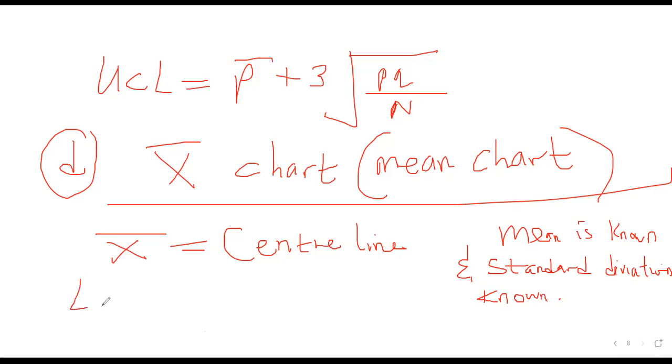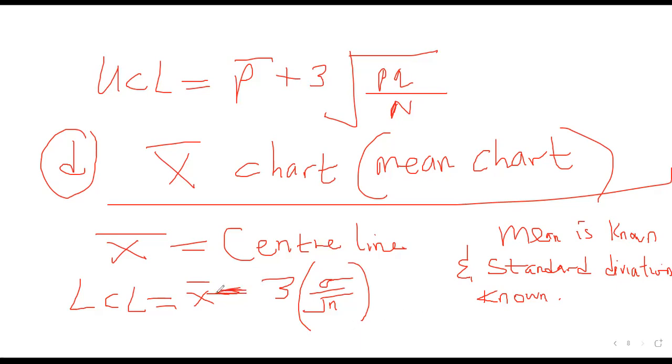The lower control limit is equal to X bar minus 3 standard deviation over the square root of N. So this is when the mean is known and the standard deviation is known.